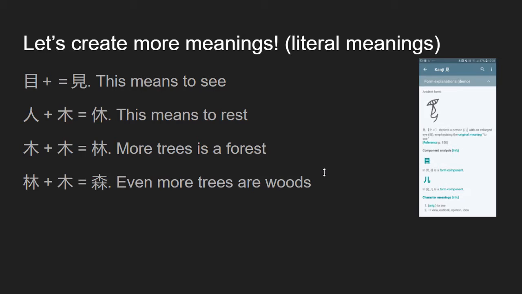So an eye on legs. It kind of looks like he's squatting, trying to see something. If you can see that, that's to see. And this kanji is I. Again, literal meanings.